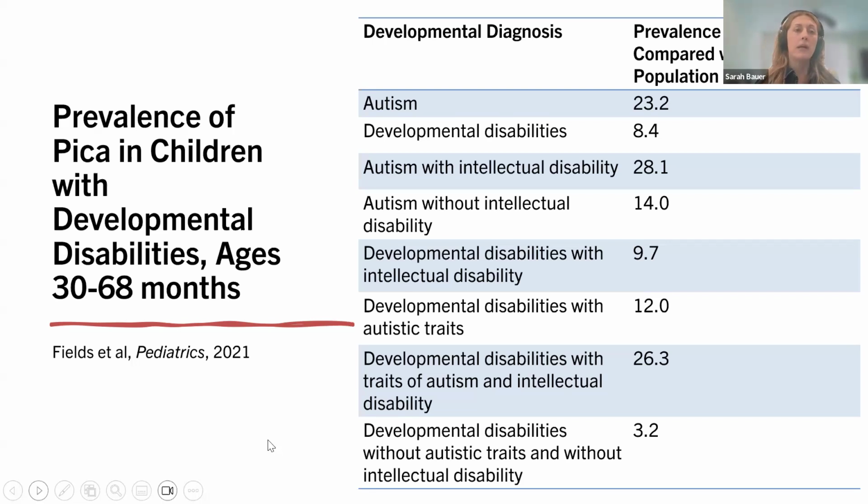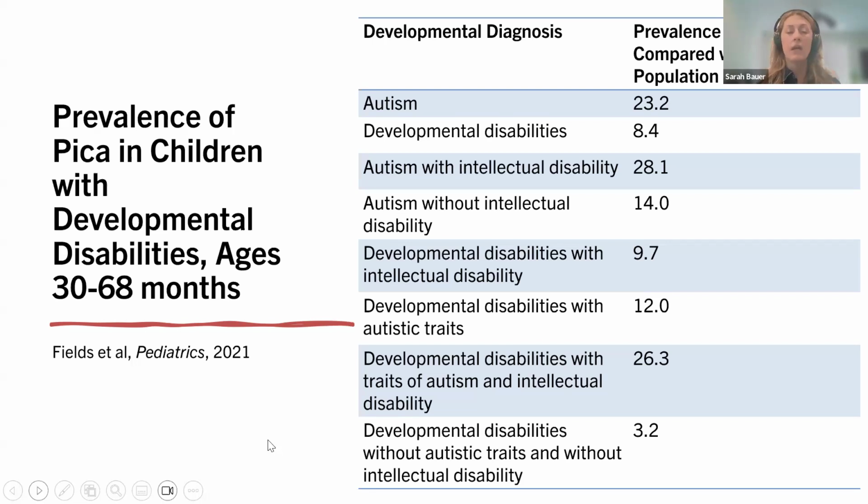So when we think about pica in the general population, you'll see prevalence numbers of about 3.2 to 3.5%. But look at these, right? It's so much higher in kids with developmental delays and disabilities. So 23.2% in autistic individuals, 8.4% in kids with developmental disabilities.